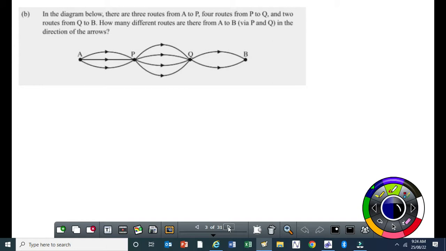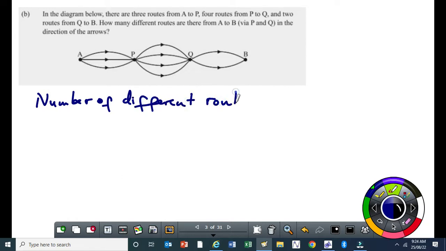So we are following that direction of the arrows, to the right. Now, the number of different routes is going to be equal to, in terms of tasks, how many tasks do we have? We have 1, 2, 3, right?